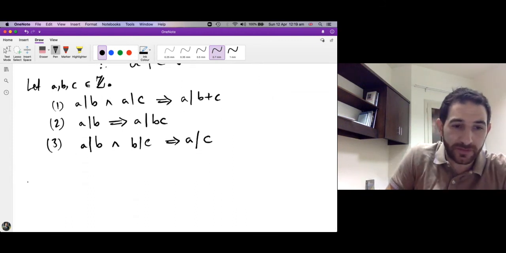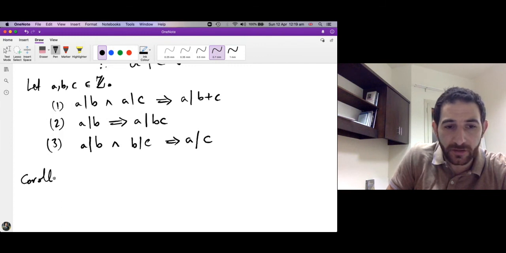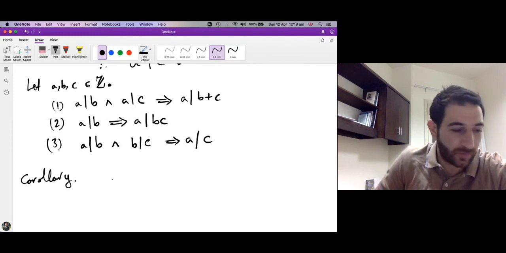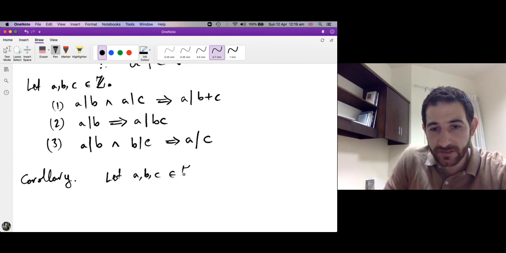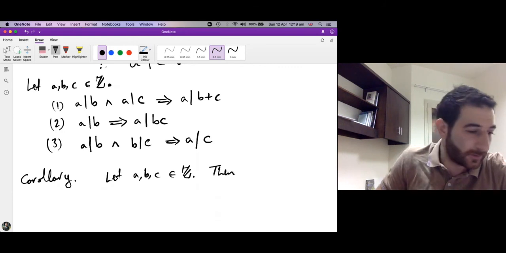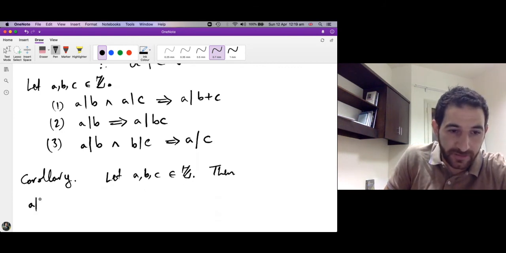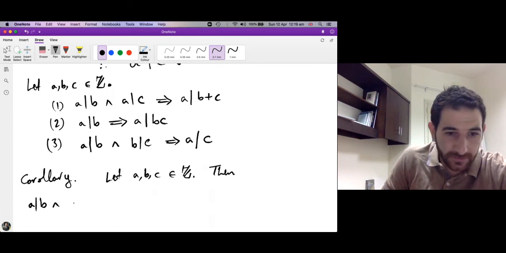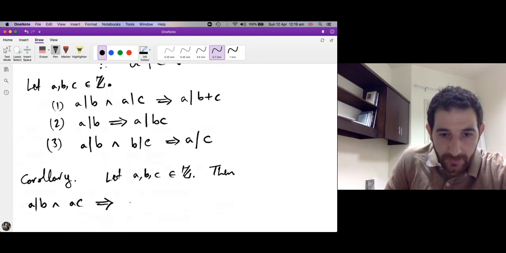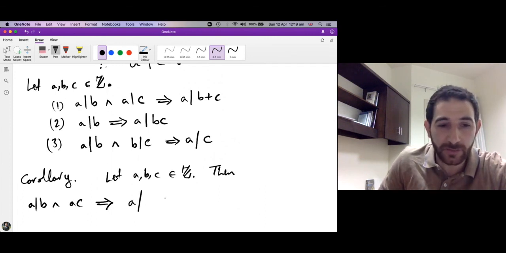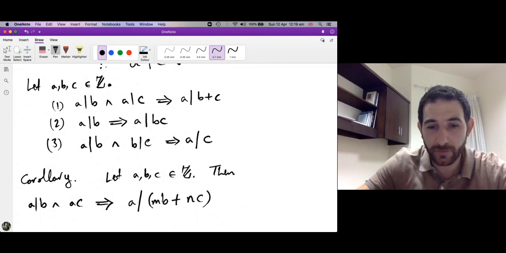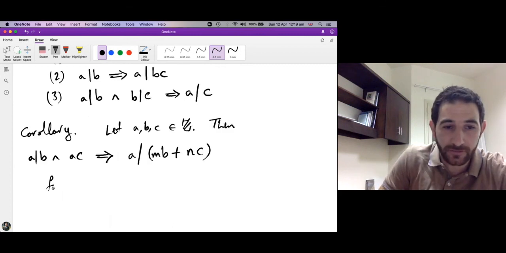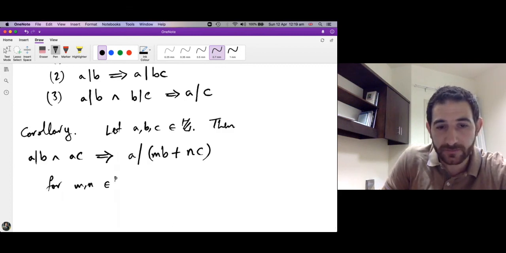Now using these three properties we can get an easy corollary. Remember, a corollary is a consequence of a theorem. What is the corollary? Let A, B, C be integers. Then if A divides B and A divides C, then A divides the sum of a multiple of B plus a multiple of C, MB plus NC, for all M, N in the integers.